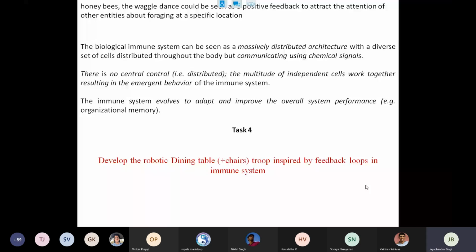Now, the biological immune system, that's a great thing you have in your body. It's a distributed architecture. Am I right? Each cell will work individually, and it will pass the information, like the neuron. There is no central control system.